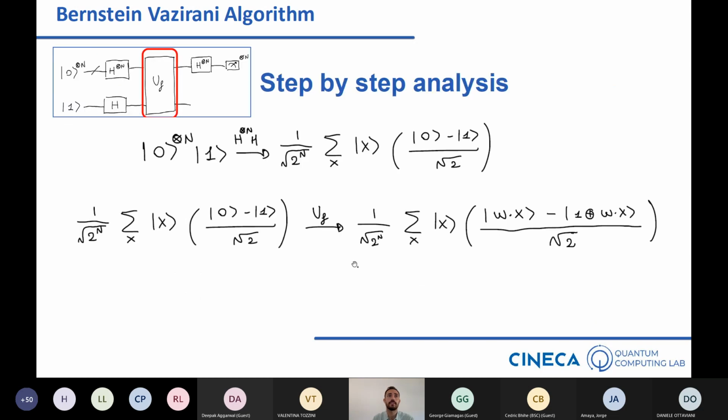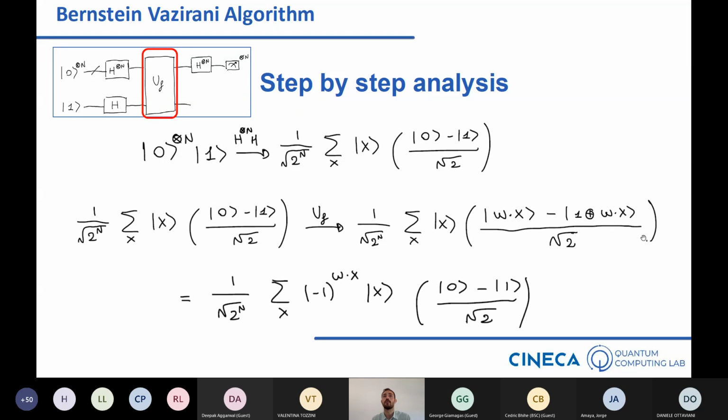So when you apply it, until here everything is the same, but then things change inside the parentheses, because here you get 0 plus omega times x, which again is omega times x, minus 1 plus omega times x, over square root of 2.